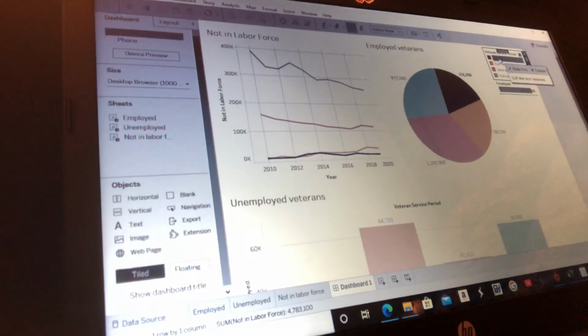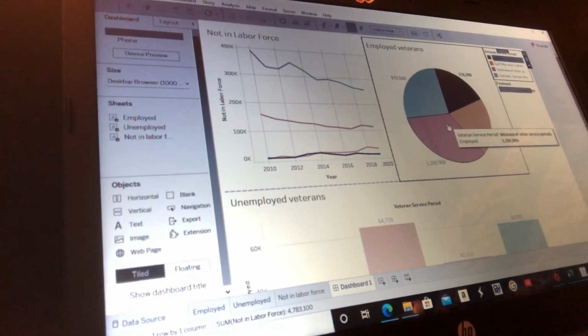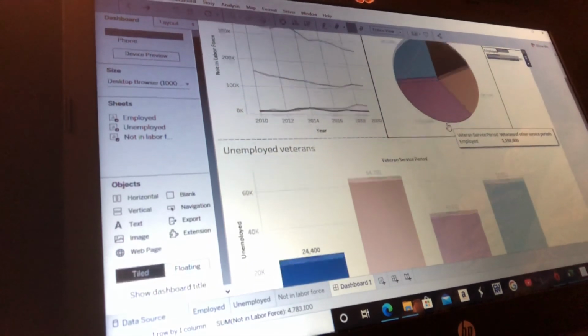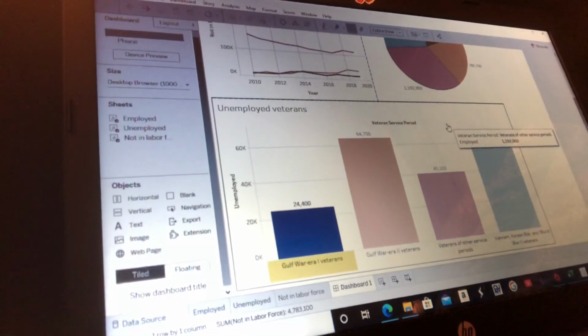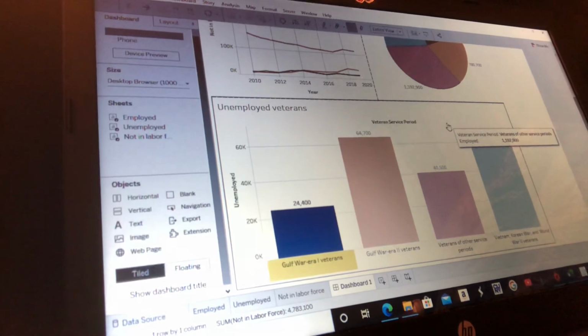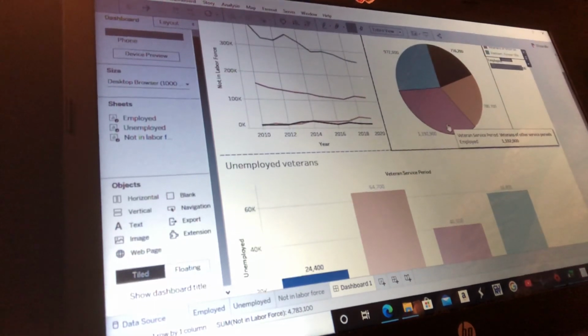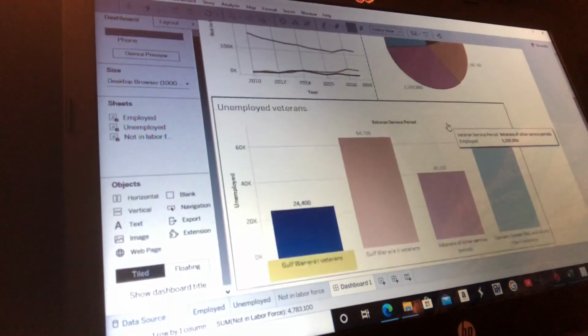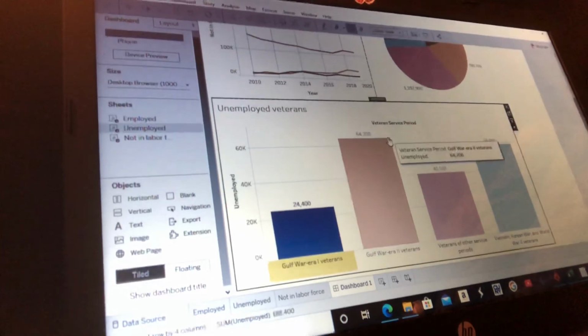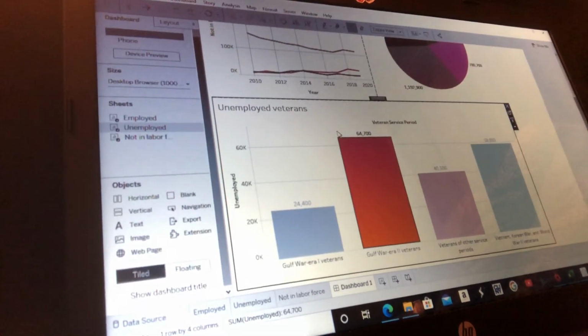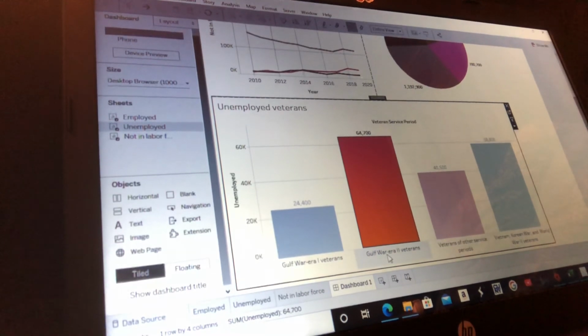We could look at it for the Gulf Era 1, whichever one that we want to. So it does seem to me that veterans were employed, there were jobs for them to get when they came out. It does vary over the years, because the unemployed veterans during the Gulf War Era 2 was the highest.